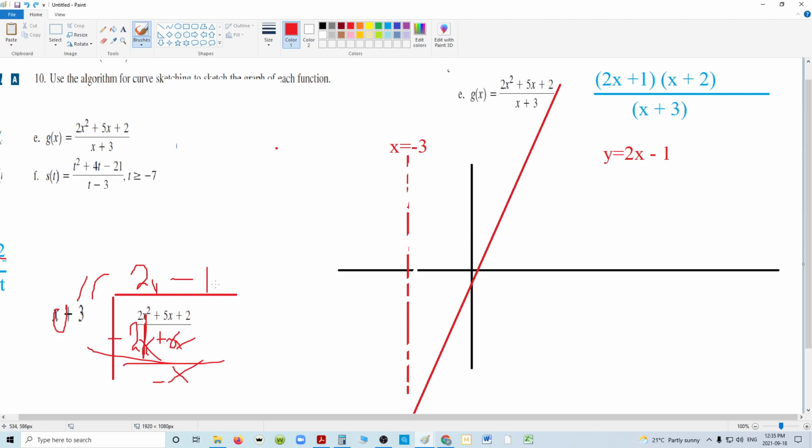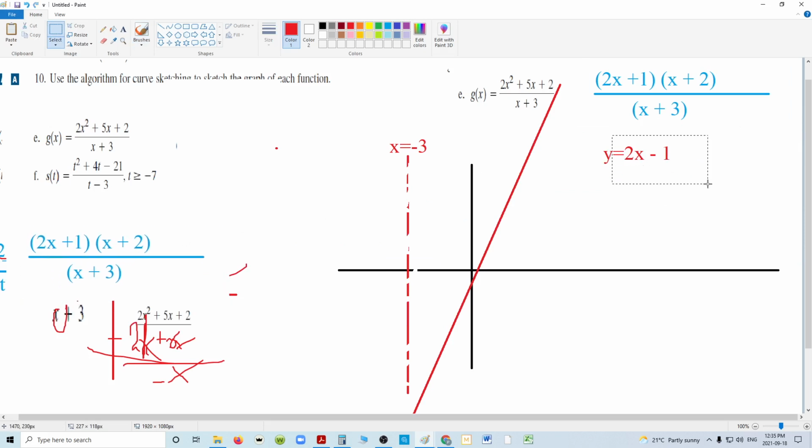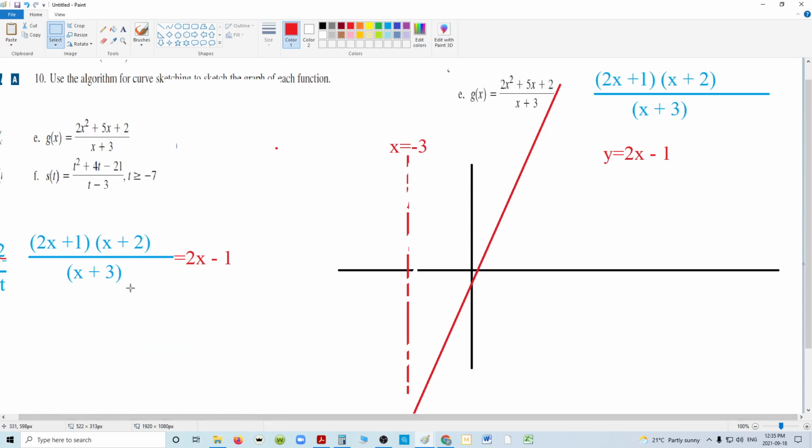It might just cross and then hug. You have to see if it's crossed by seeing if this ever equals that. So let's see if that can happen. This, as we've already discovered, is this. Does it ever equal this? Okay, we start by multiplying both sides by this. It cancels out here.